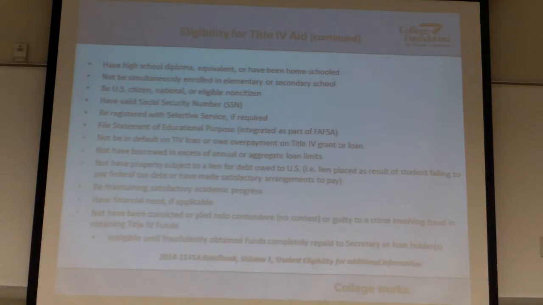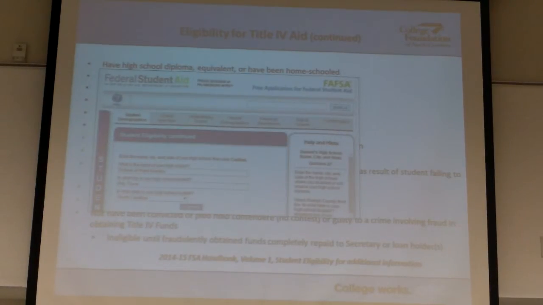So with high school diploma, sorry, we're still on the first bullet, taking a while for this one. Students tell you what high school they graduated from in the FAFSA. It's a self-certification, so we don't always need to collect a copy of the high school diploma for their file, unless they put something like this.